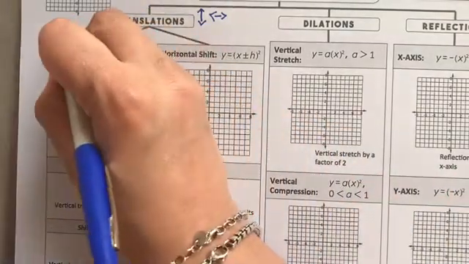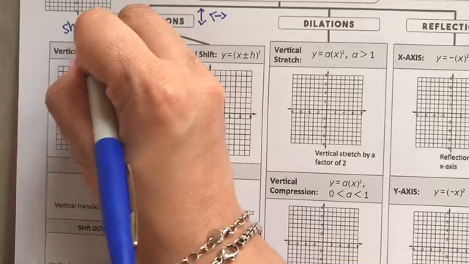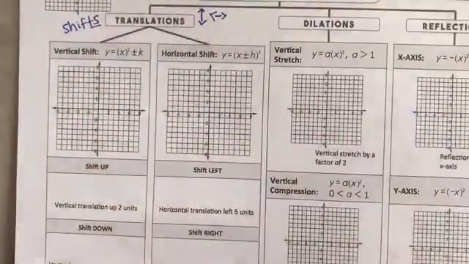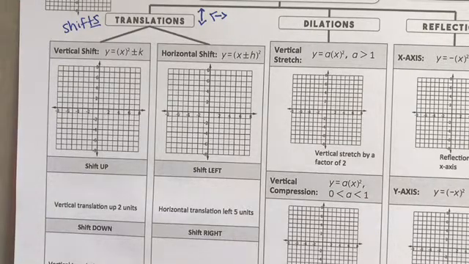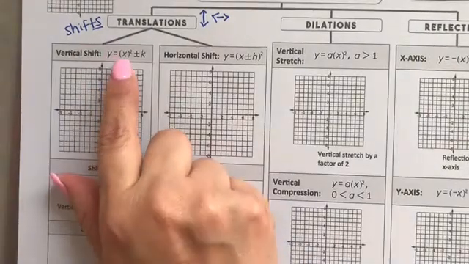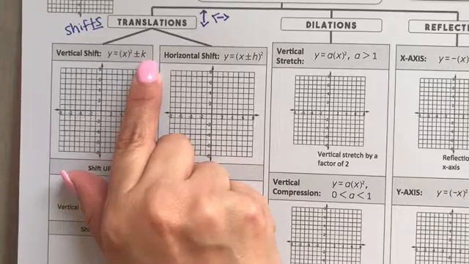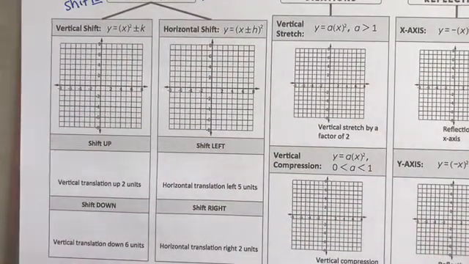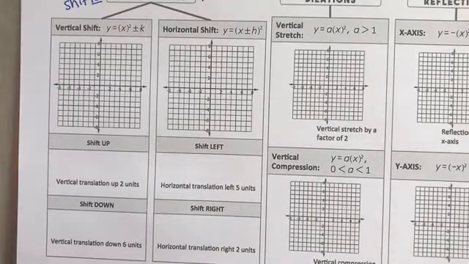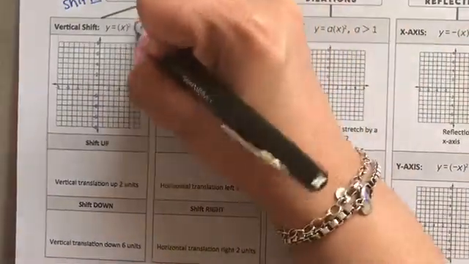Translations can also be called shifts. The vertical shift is going to be y equals x squared plus or minus k. And k is going to be the unit that you add or subtract. So k is a number.